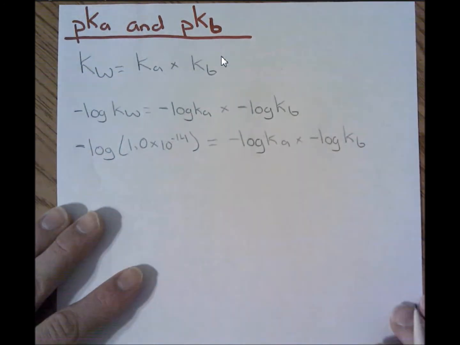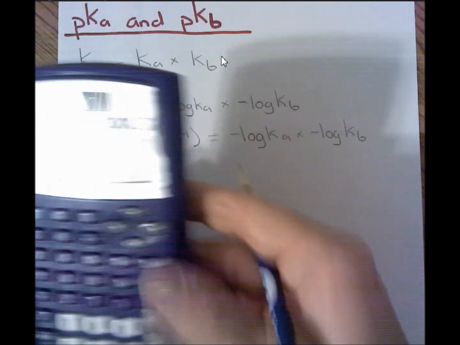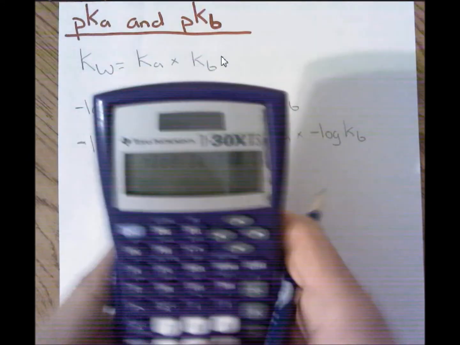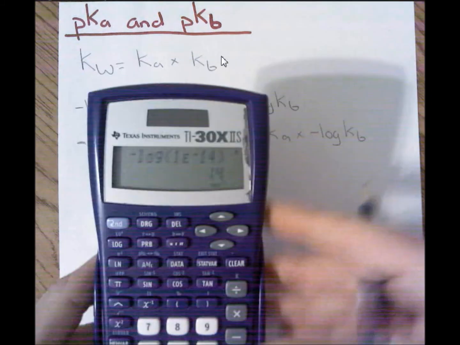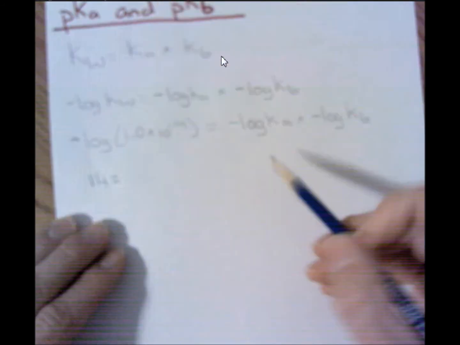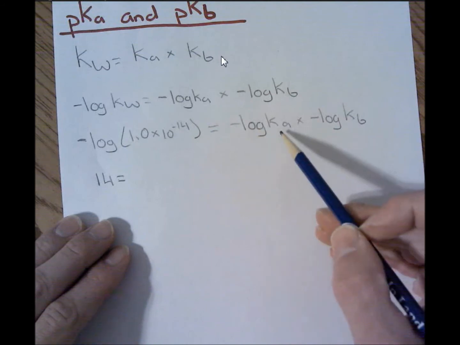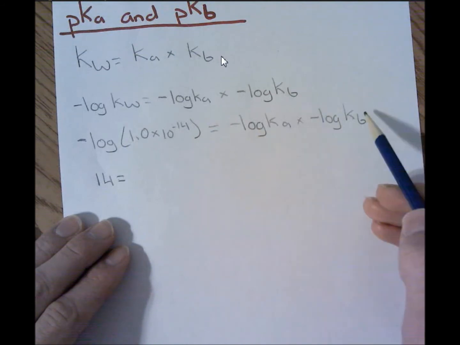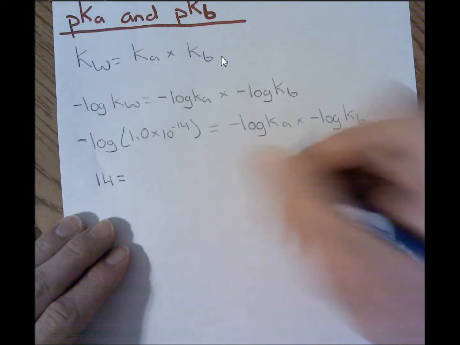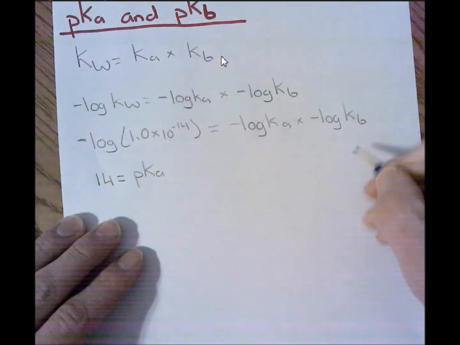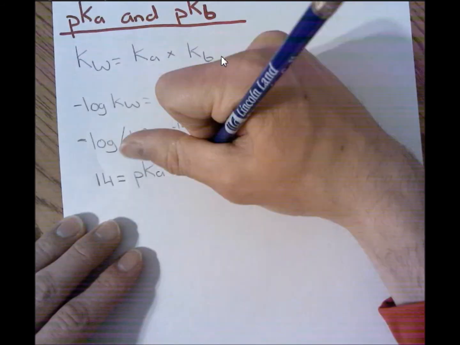Okay, now if we do this, the negative log of 1.0 times 10 to the negative 14th is going to equal 14. All right, so this gives us a non-decimal number. Now, our negative log of Ka and negative log of Kb become pKa plus our value of pKb.